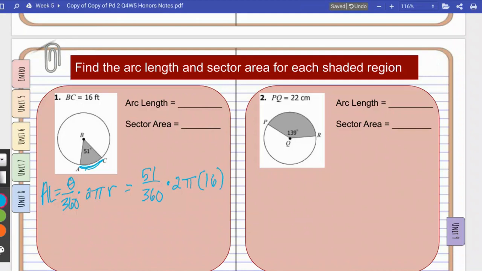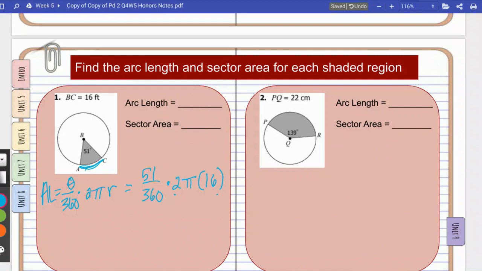So we got our handy dandy calculator, or you can do this by hand. It would just take a little bit more time. 2 times 16 is 32. We're going to times that by 51 degrees, and then we're going to divide it by 360. And we get a really long decimal, so why don't we change it back into a fraction?